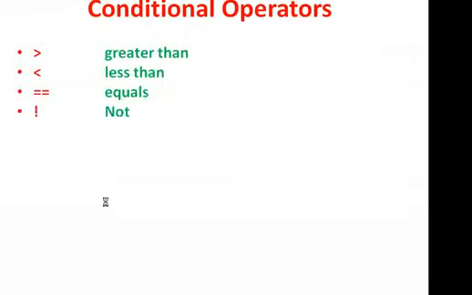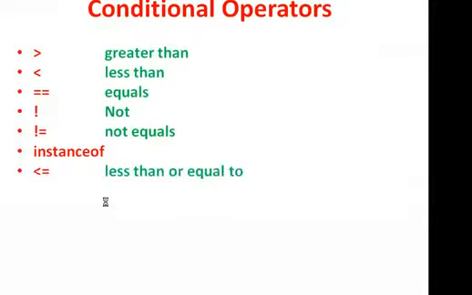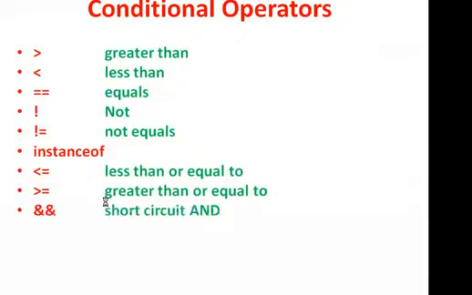Coming to the conditional operators, you can find greater than, less than, equals, not equals, instance of, less than or equal to, greater than or equal to, short circuit AND and short circuit OR.